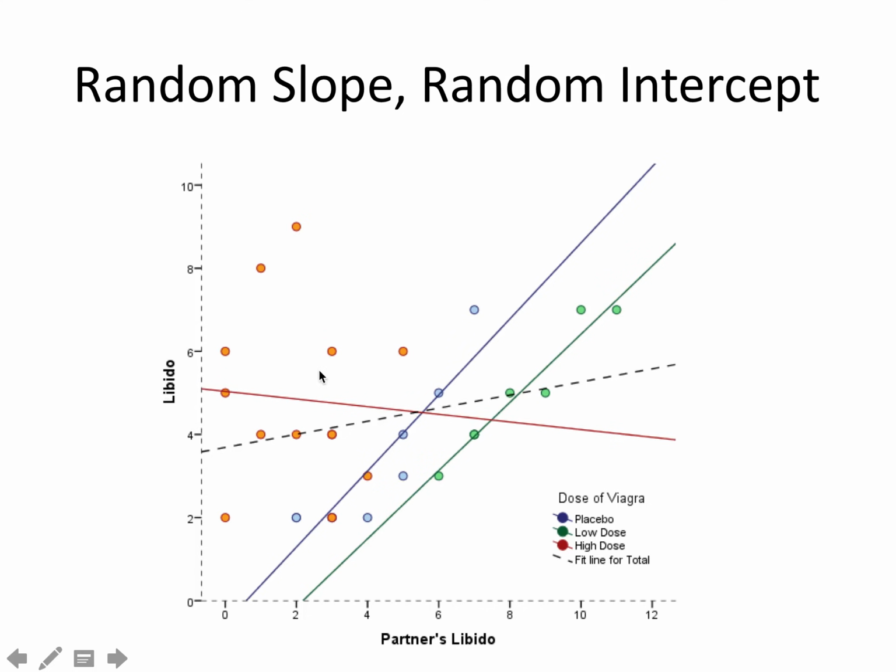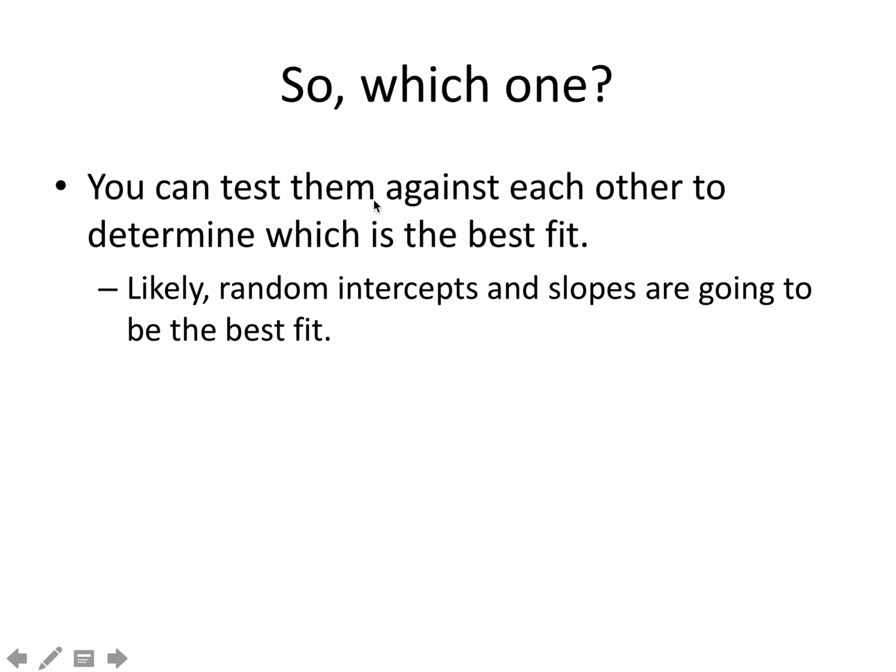So that gets kind of tricky, but it is a potential pattern that we can test. We're going to test those against each other and determine which one is the best fit. Likely, including random intercept and slope is going to be a better fit because it allows for more flexibility in the model. You can usually cover more of the error that way. But we'll see what happens in this data set.